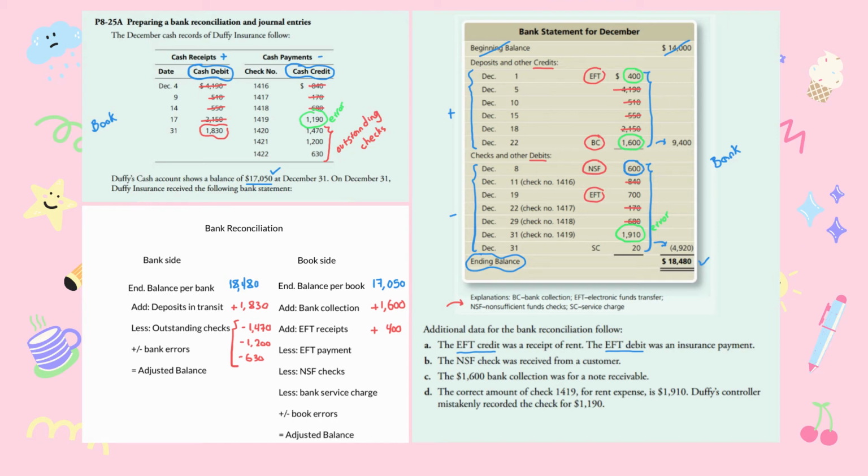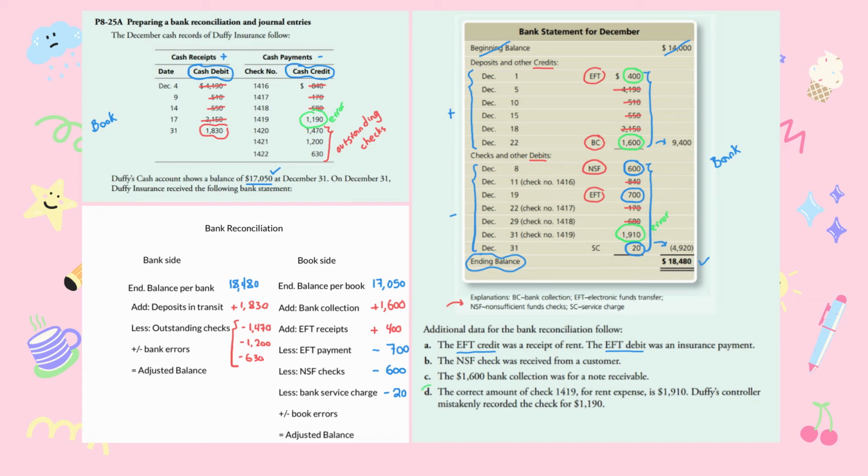So we need to subtract this from the book side, negative 600, and we have EFT debit memorandum, which is 700, so it's EFT payment minus 700, and last item is SC, which stands for service charge, minus 20. Now let's see the error.